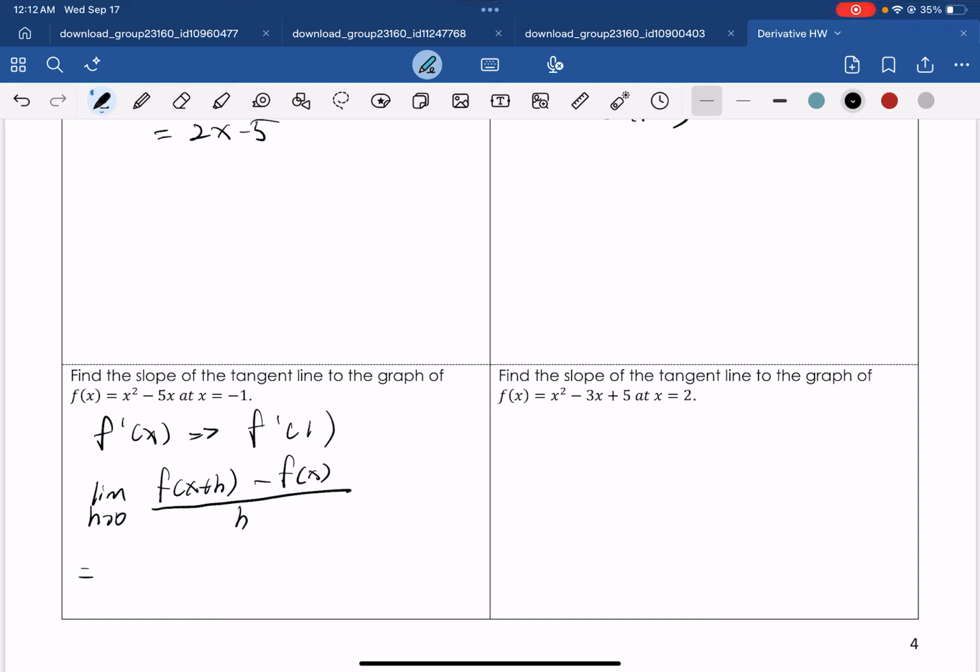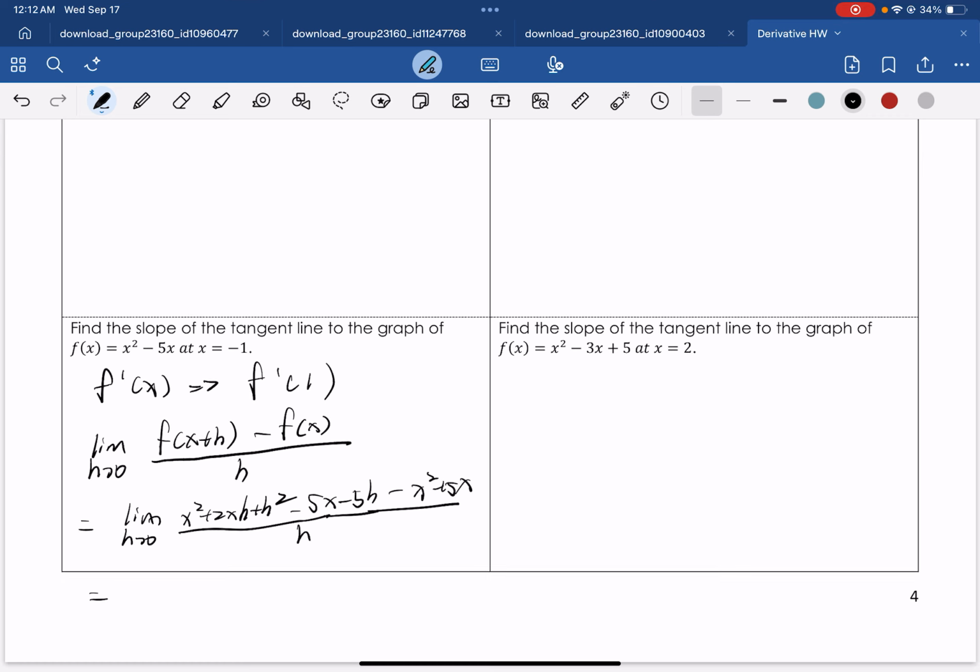So it equals the limit as h approaches 0, where we plug x plus h in for x. We get x squared plus 2xh plus h squared minus 5x minus 5h, then minus the original function, which is x squared minus 5x, over h.